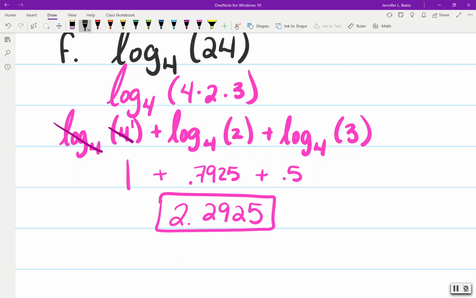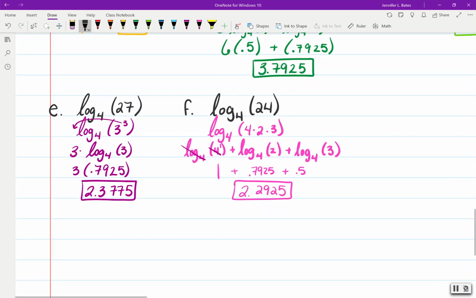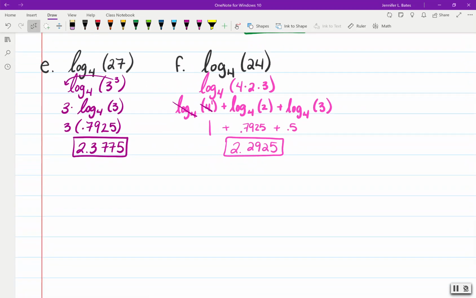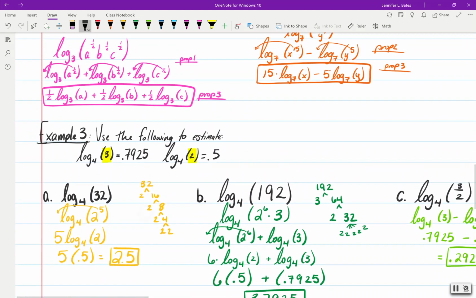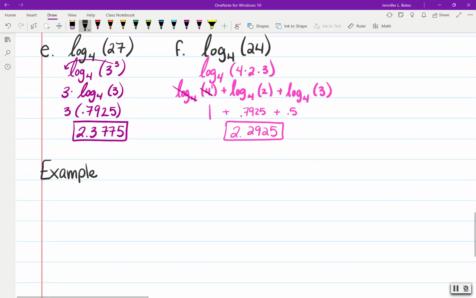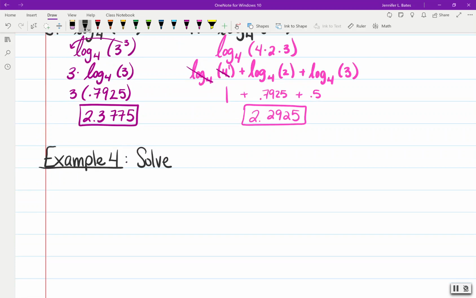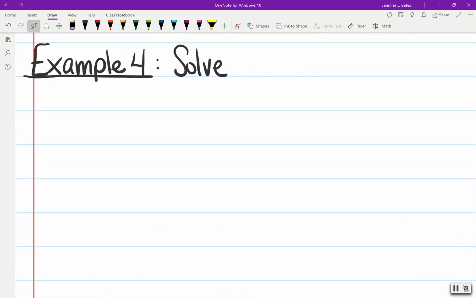Okay, so we're going to do one more example, and we're looking at one more type of problem. So we'll call this example 4. Example 4 says to solve.